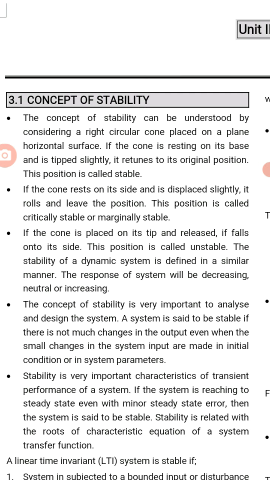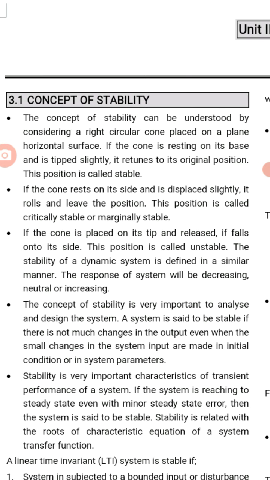It means the cone resting on the flat surface is in a stable position, and if we try to stand it on its base, it will not stand, it will come down to the horizontal resting position. That is called a stable position, and the tilted angle is called an unstable position.